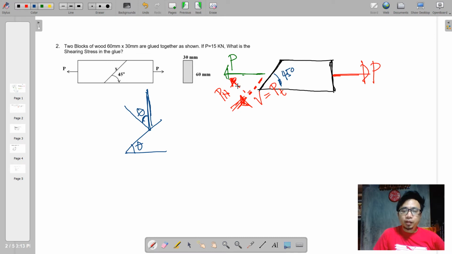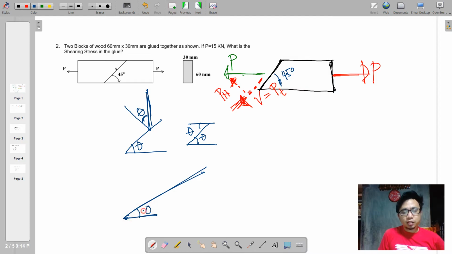Okay, so perpendicular and a vertical. So anyway, if we cannot relate to this on this particular section, we can have this one. If this is theta, that is also theta.